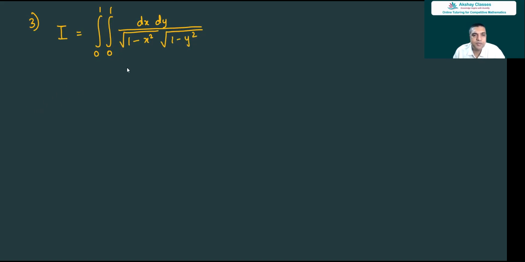Now both are from 0 to 1, so it doesn't make a difference how we integrate. We can integrate first with respect to x and then with respect to y, or treating y constant, we'll first integrate with respect to x.